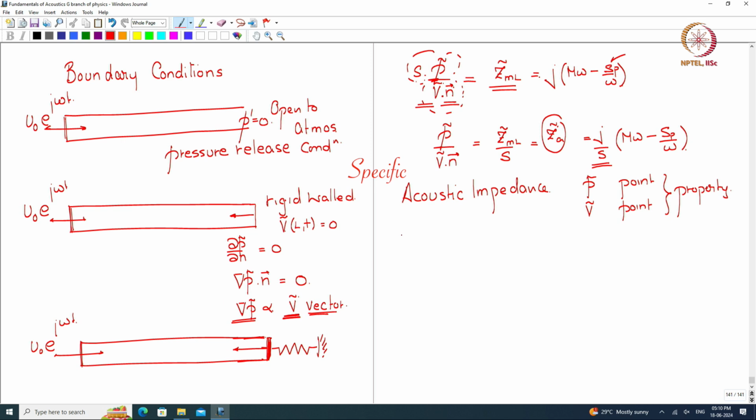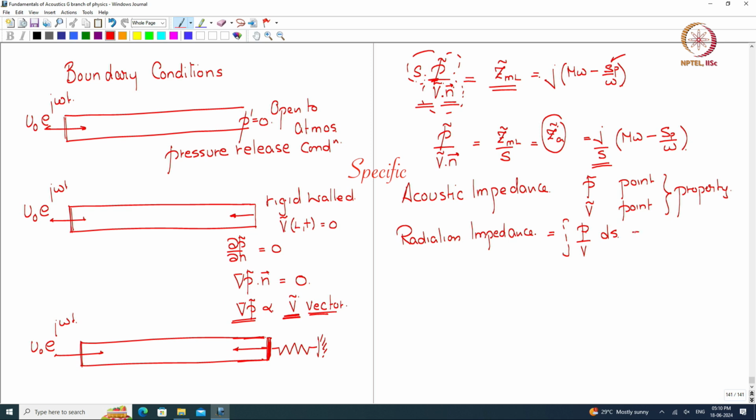So later we will see what is called the radiation impedance of a surface, okay, which we will integrate over an area, and look at P over V dS.